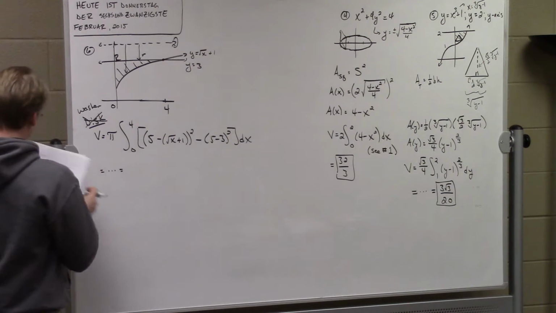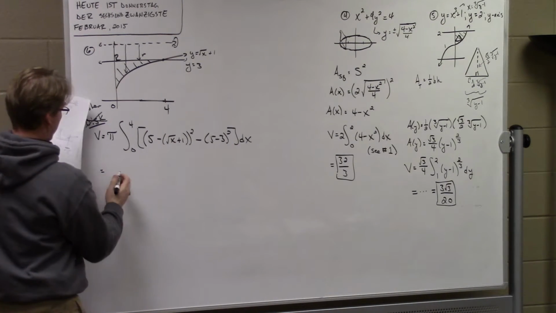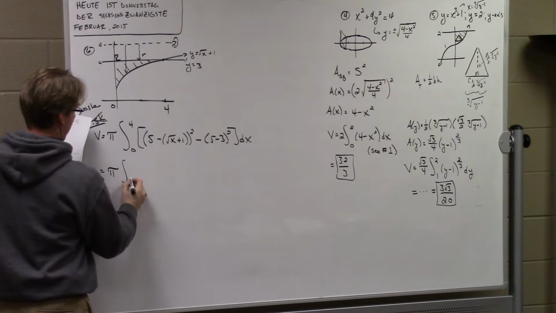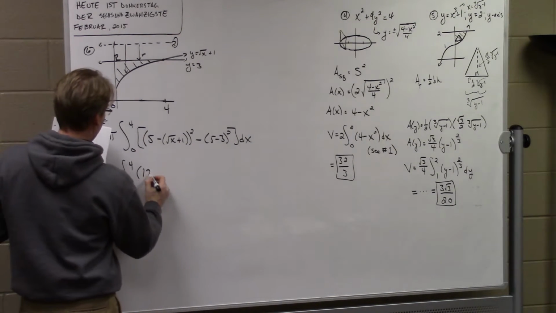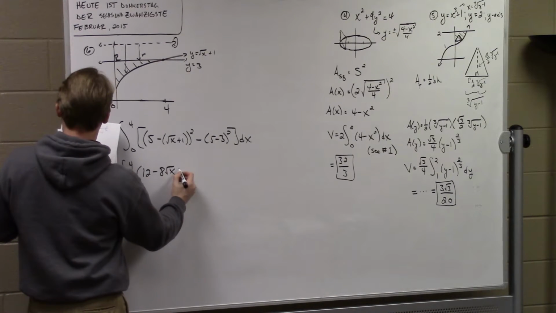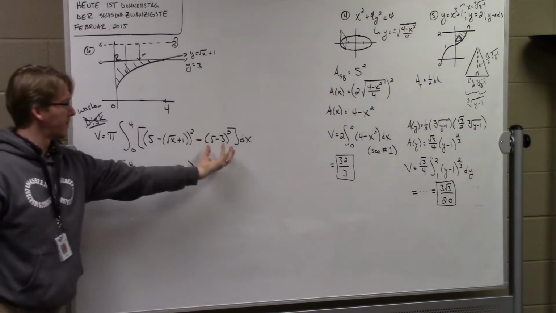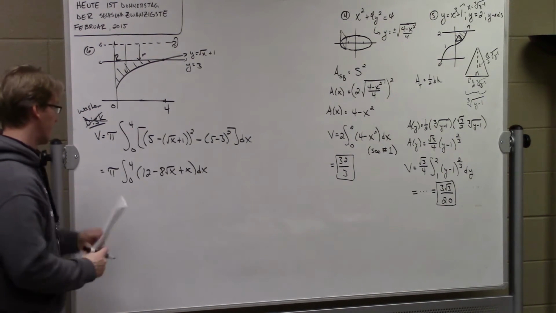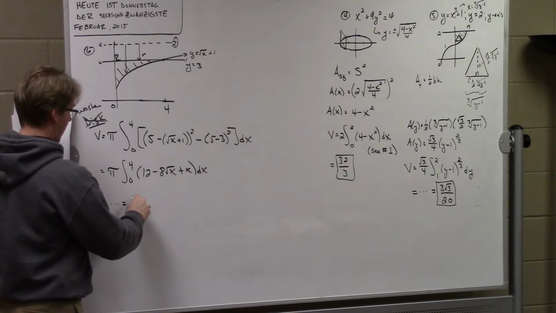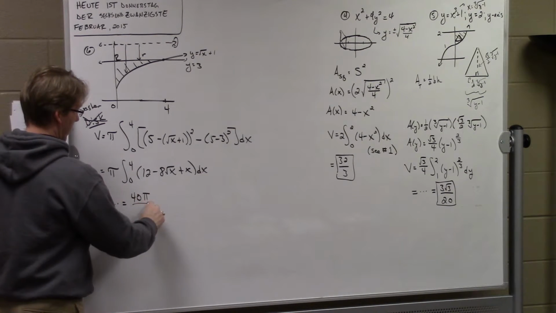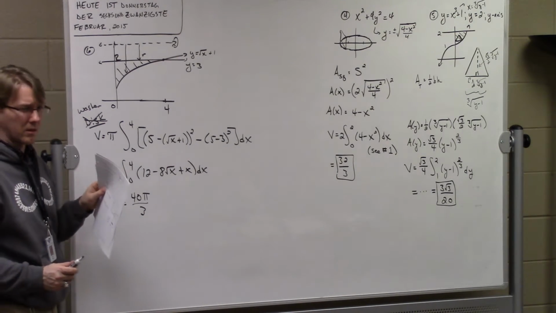If you clean it up, you get 12 minus 8 root of x plus x. Take an antiderivative, and you get 40 pi over 3, which is somewhere in the 41, almost 42 range, 41.22.